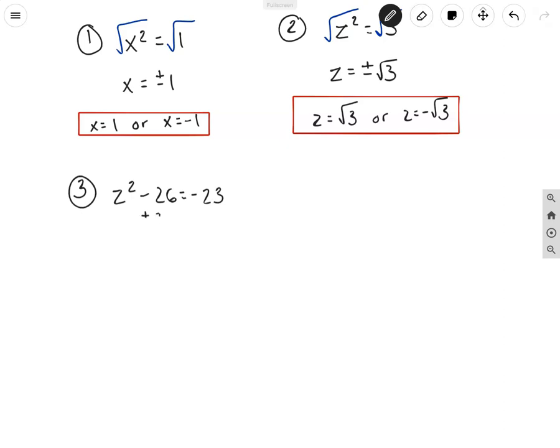In this case, remember the first step is you just want to get z squared by itself, the variable by itself. So I'm going to do the inverse properties and I'm going to add 26 to both sides. That gives me z squared equals 3. Now if you notice, that looks exactly like number 2. So instead of redoing it, I'm just going to tell you the answer is z equals square root of 3 or z equals negative square root of 3.